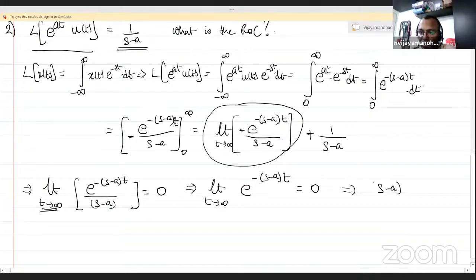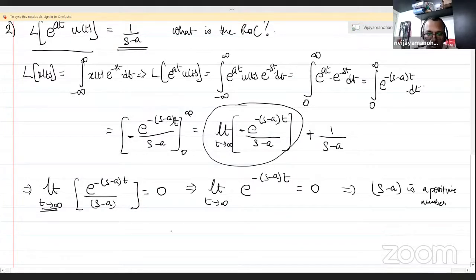s minus a is a positive number, because only when s minus a is a positive number will I have the overall term as e power minus constant times t.